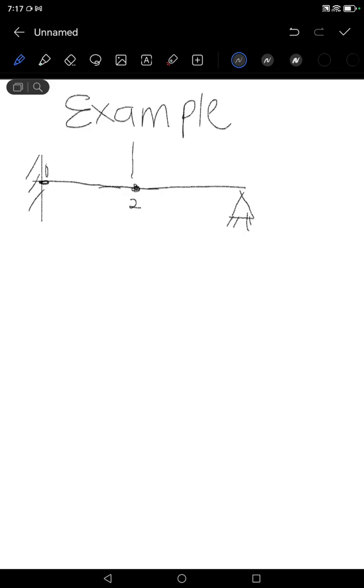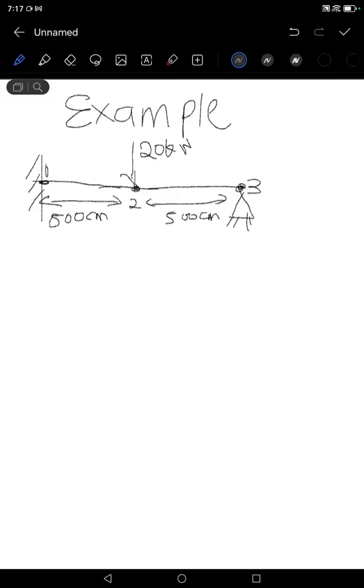At node 2, we have a force of 20 kilonewton, facing down. And then here we have a supporting roller at node 3. The length from node 1 to node 2 is 500 centimeter, and from 2 to 3, it's 500 centimeter, like this.